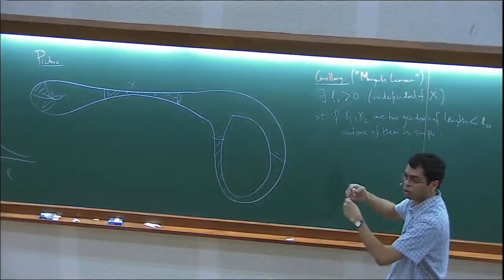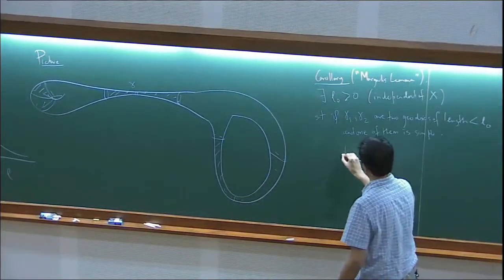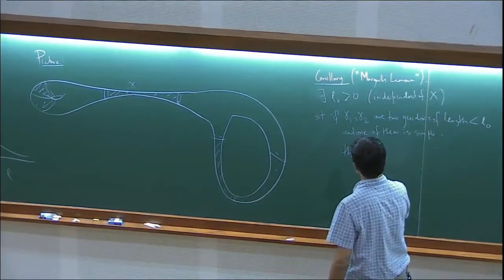If both are short, then you can't intersect, so they are disjoint.